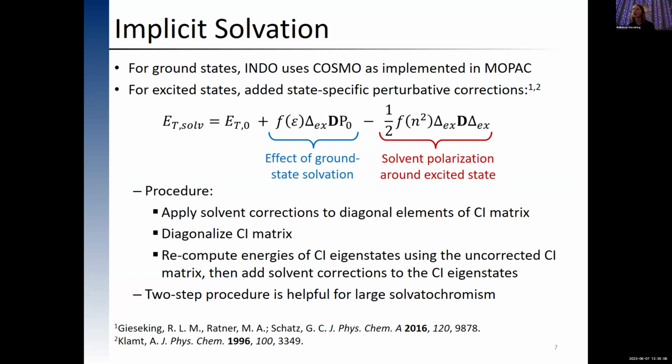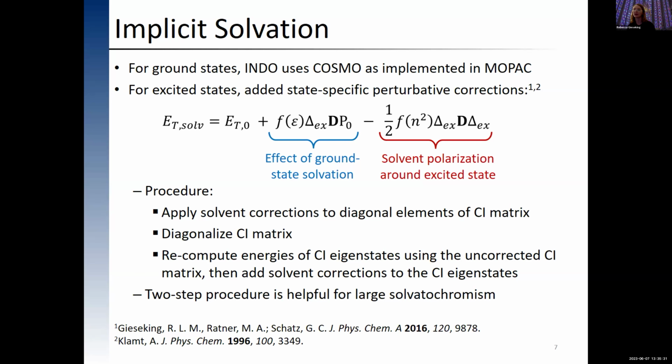That change is actually related to a different dielectric constant because it's really related just to the electronic changes in the solvent, at least if you're looking at the absorption spectrum, your solvatochromism in the absorption spectrum. So that's related to refractive index squared instead of the dielectric constant.